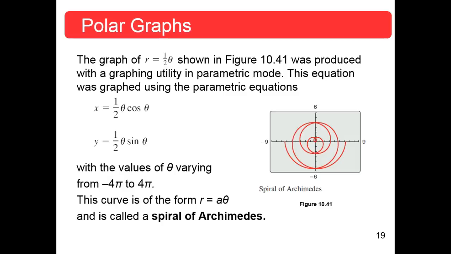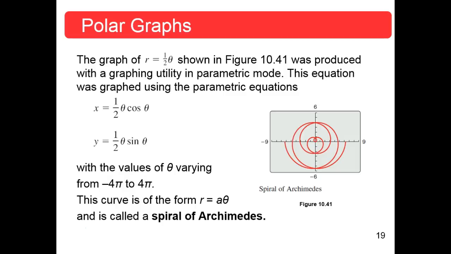And 4 pi, remember, that's about 12. But half of that would be about 6. And 1, 2, 3, 4, 5, 6, just a little beyond -6 there. 1, 2, 3, 4, 5, just beyond +6 there. So I'm guessing this is our -4 pi, and there's +4 pi.